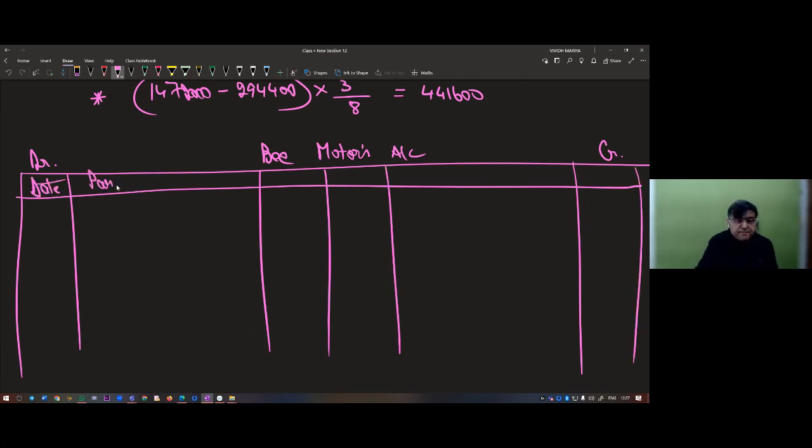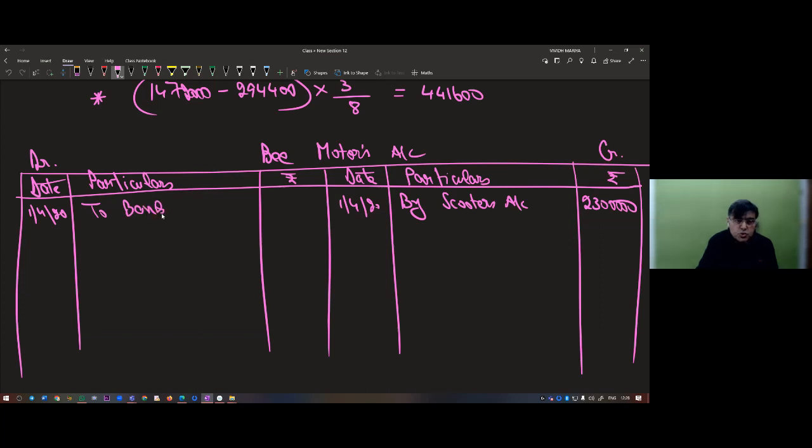Date, particulars, amount. 1st April 20, by scooters account, 23 lakhs. 1st April 20, to bank account 10 lakhs.